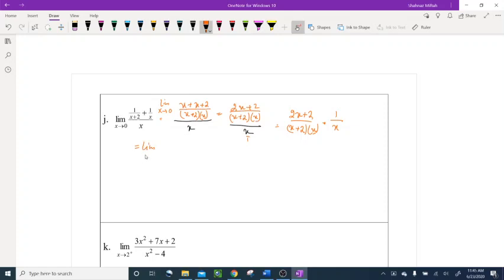So now I have limit x approaches 0. What am I getting here? I'm going to get 2x plus 2 on the top, and the multiplication is easy to do. I know I told you not to touch the denominator, but something easy like this, I can do that. I got this.